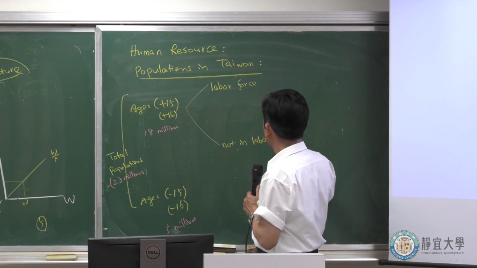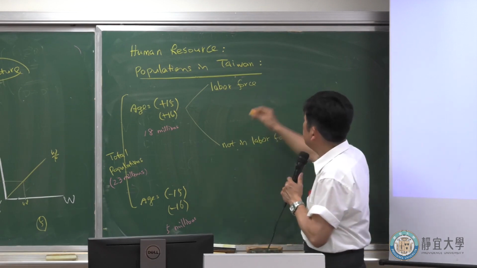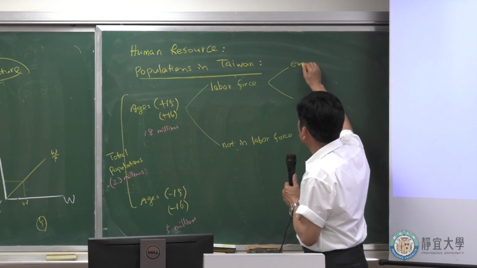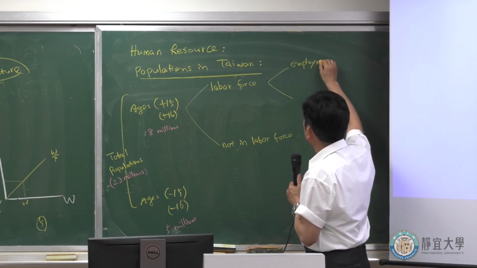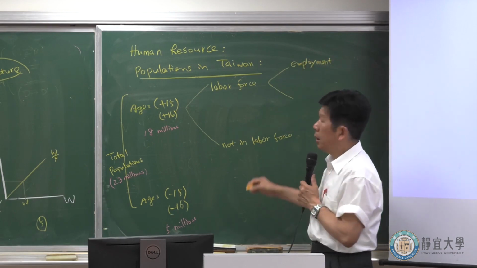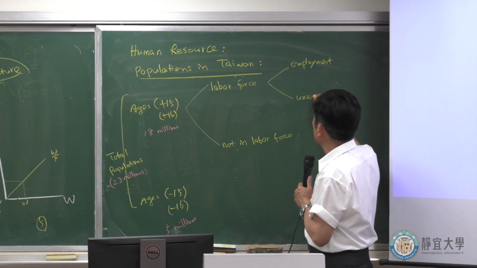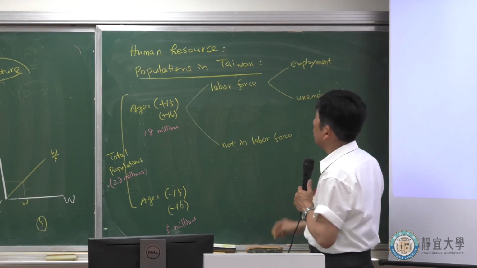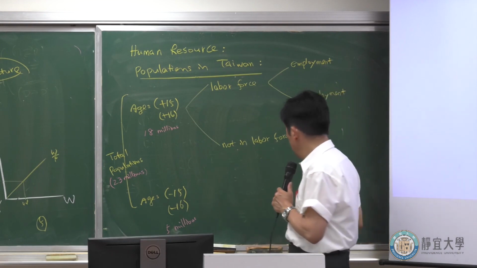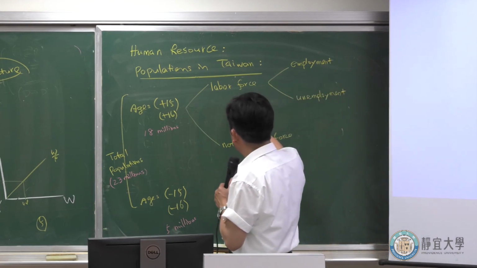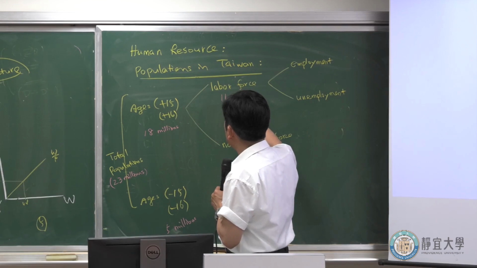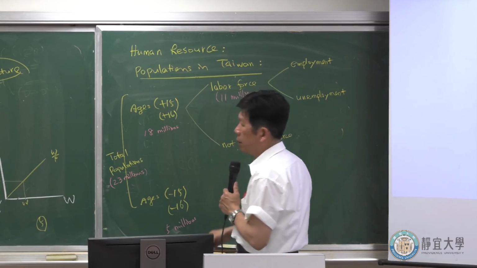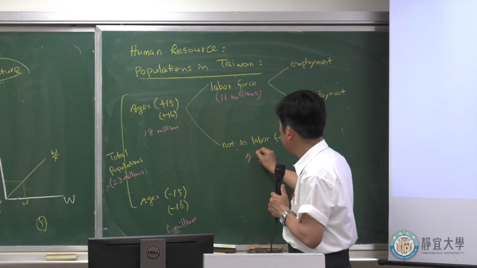The labor force we also separate into employment and unemployment. So in the labor force, we have this 11 million, and this 7 million.